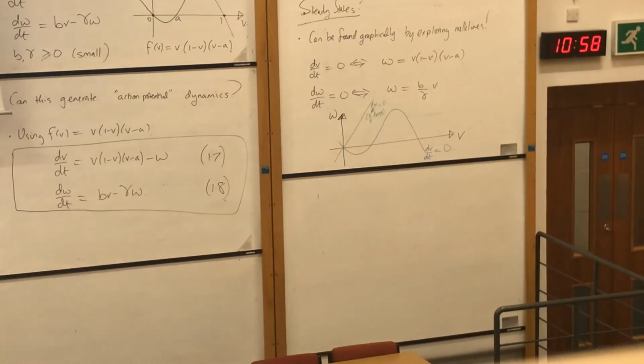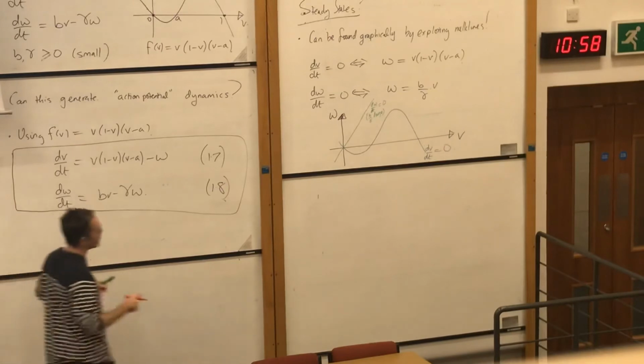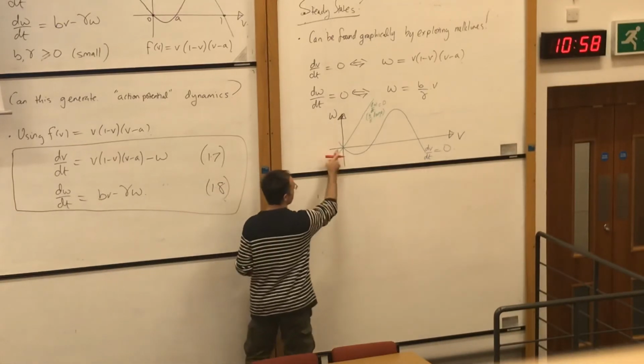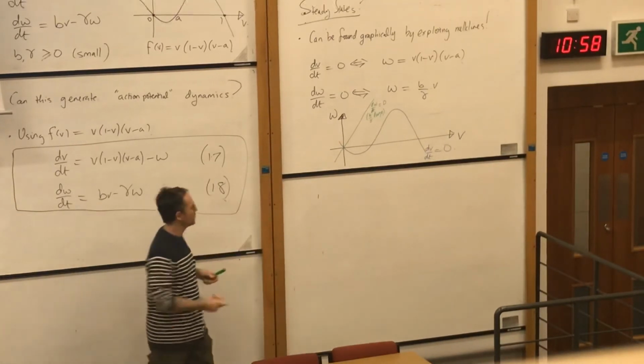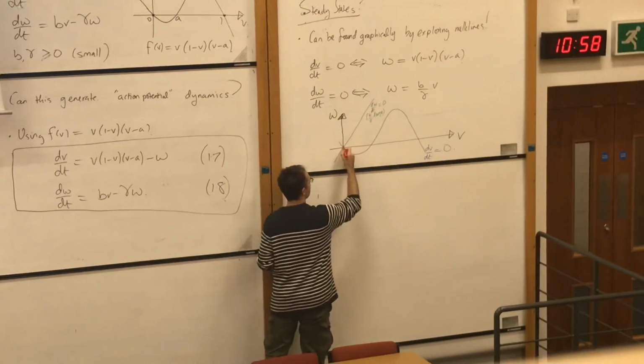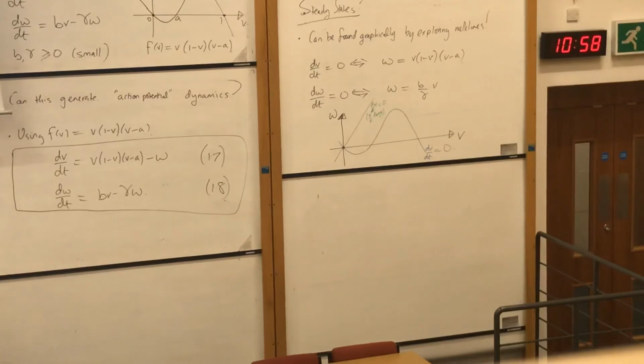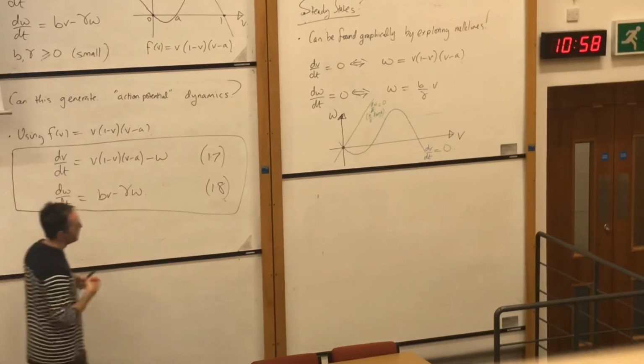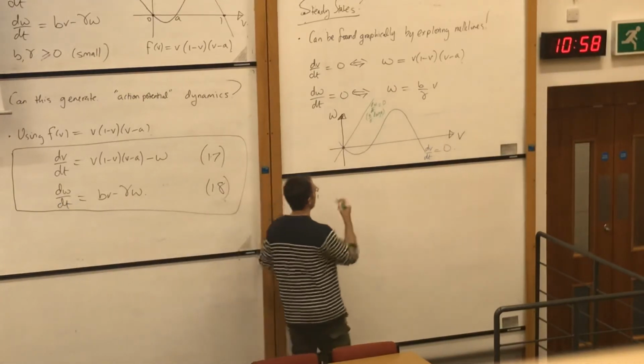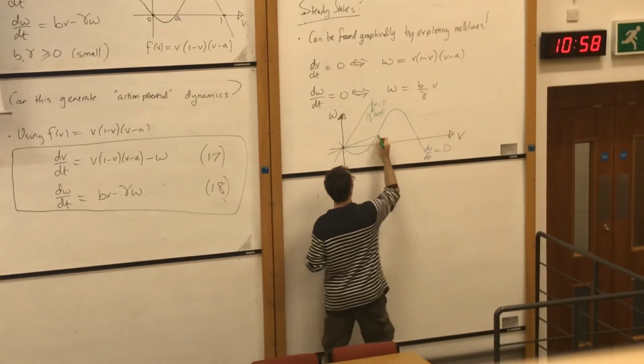In that case we've got just a single steady state. Steady states occur at the intersection of these null lines, so there'll just be one steady state here at the origin. But of course, if b over gamma is small, then we could be in a case which is this one.